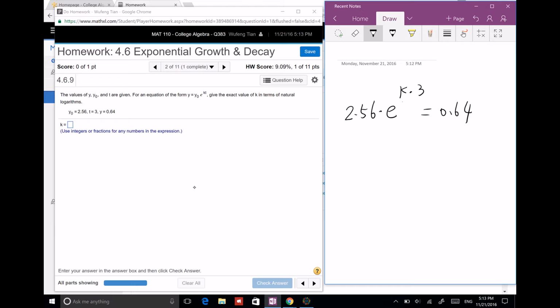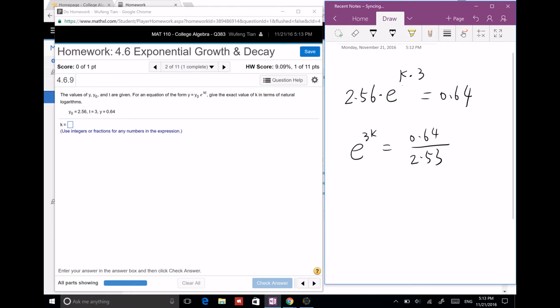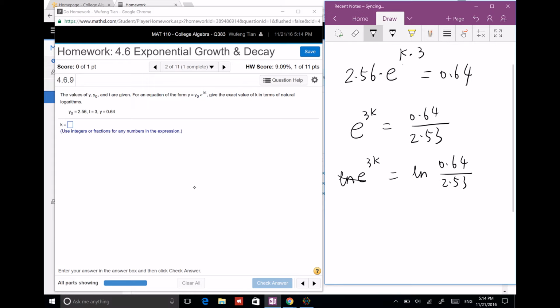You can do e to the 3k equals 0.64 divided by 2.56, right? Then you take ln on both sides. The ln and e cancel out, so you get ln of 0.64 over 2.56. So you got 3k equals whatever this number is.